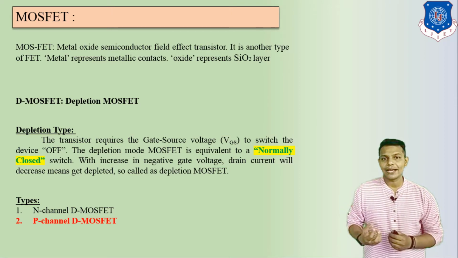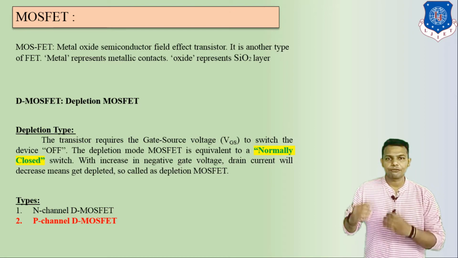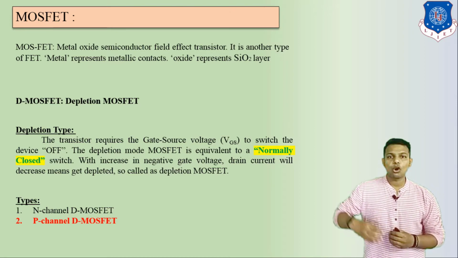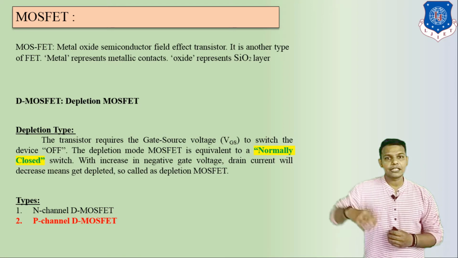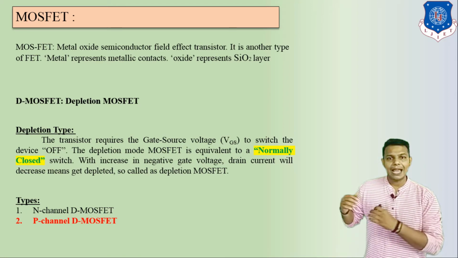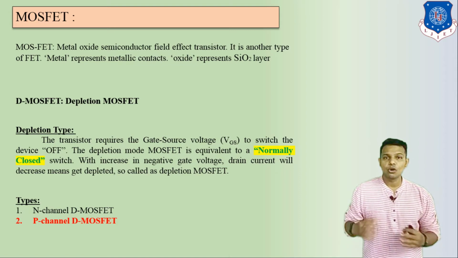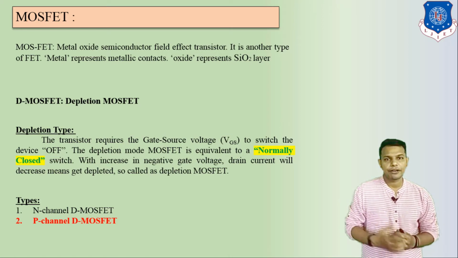That's why it is known as field effect transistor. Due to this electric field, the flow of electrons increases or decreases. That means with the help of this field effect we can control the flow of drain current. That's why it is known as depletion MOSFET.